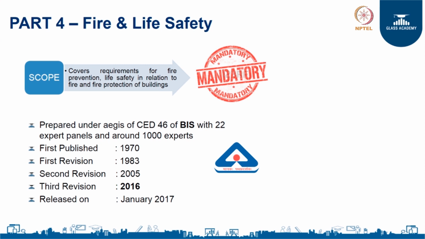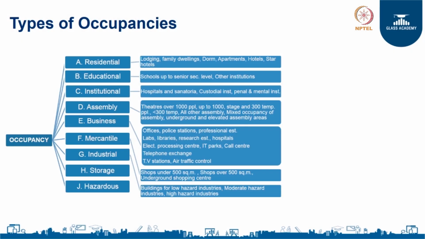I will take you through some of the requirements mentioned in the National Building Code, especially in part 4 with respect to fire safety. The National Building Code defines each type of building based on the type of occupancy.